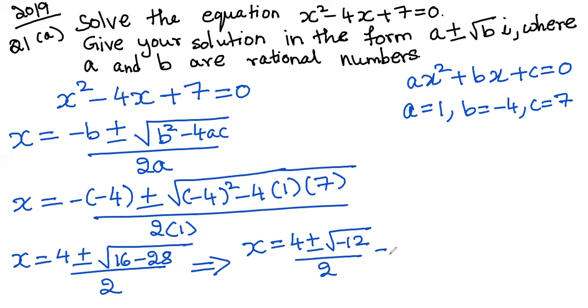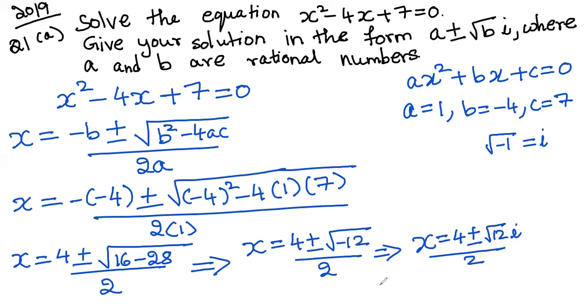But we know that square root of negative 1 is i, that is complex, imaginary. So we have x equal to 4 plus or minus square root of 12i over 2.